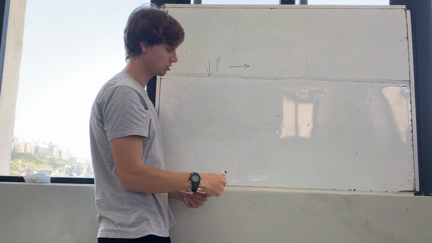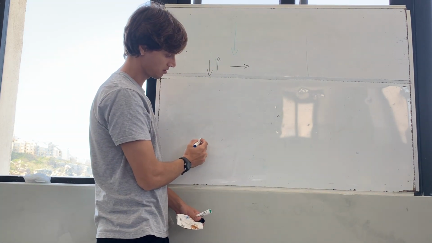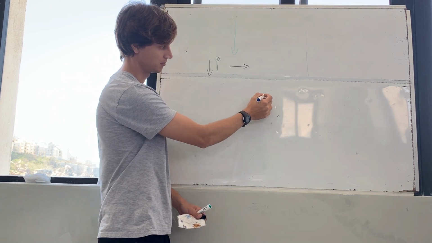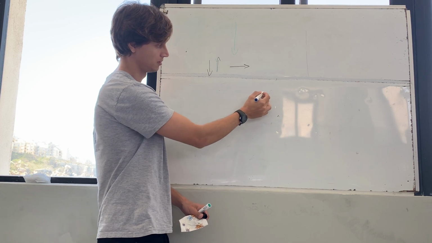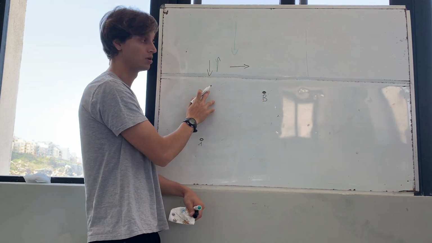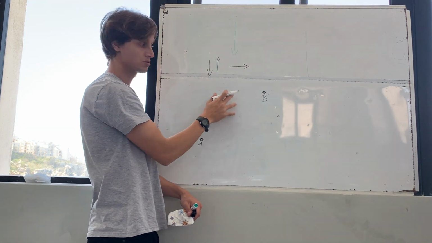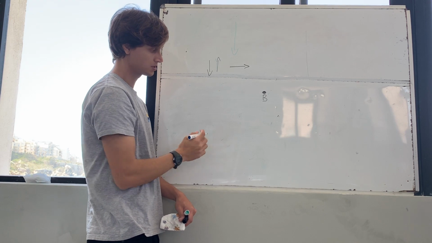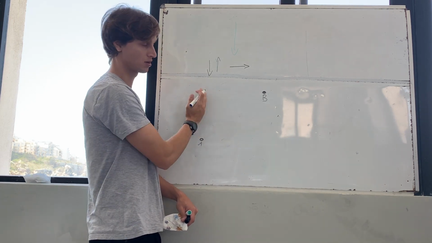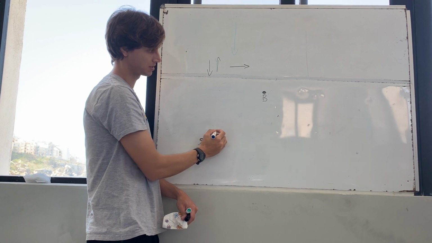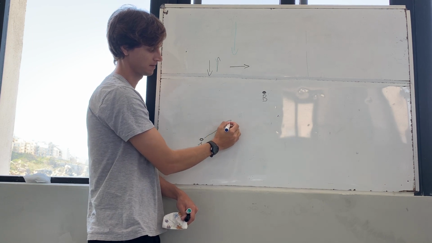Let's say that you want to go from point A to point B. How are you going to do it using those directions? First, it's a bit sideways, right? It's not all the way up, it's a bit to the side. So you need to go in this direction, okay?